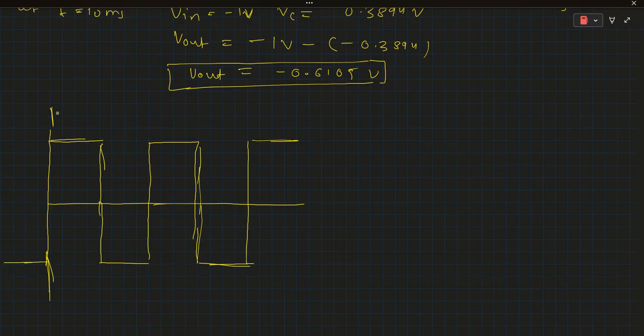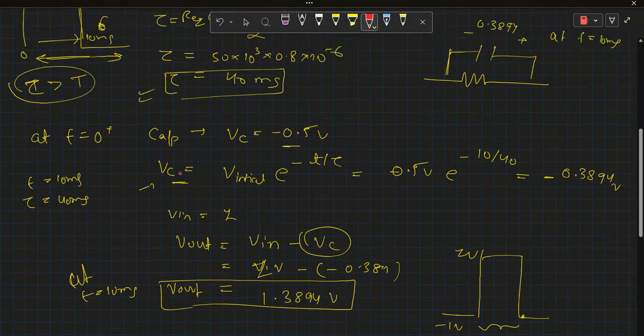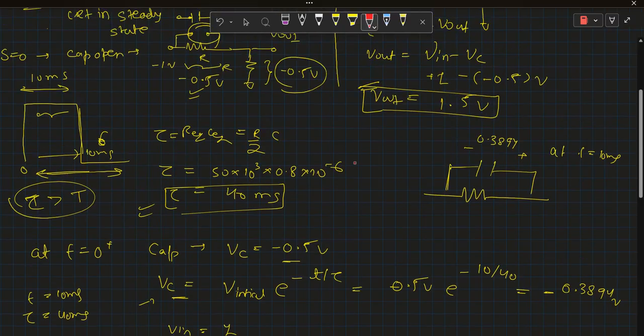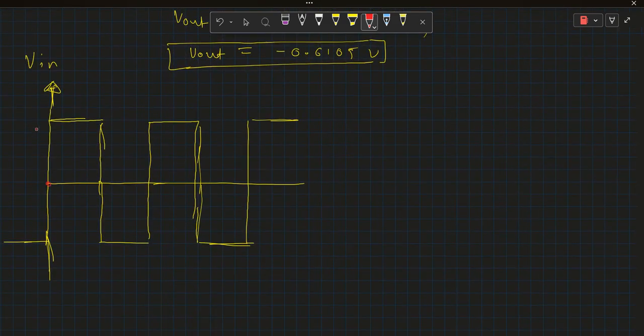Okay, so this is our V input, and we have to plot the V output. Now we can plot V output at t equals 0. We see that V out is 1.5 volt. So this is 1 volt, and we will mark this as 1.5 volt.